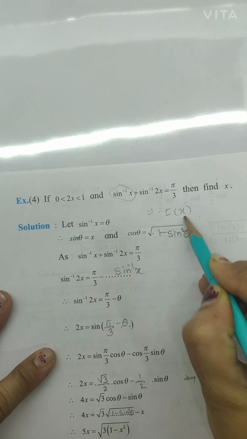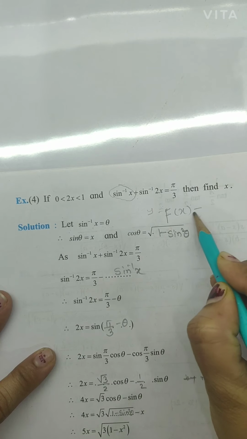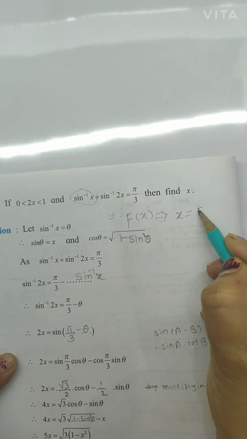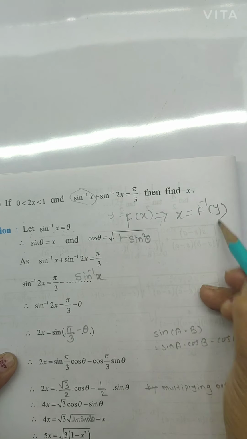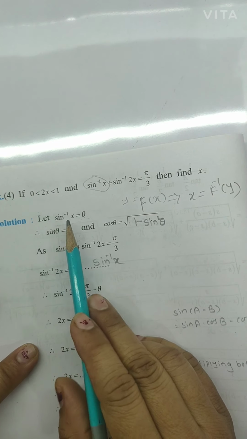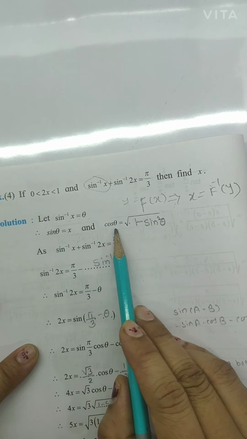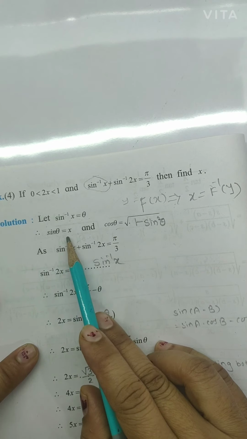Now, according to inverse function, if y equals f of x, this implies that x equals f inverse y. Okay, by using this concept we can write sin theta is equal to x, and cos theta. We know the identity formula.